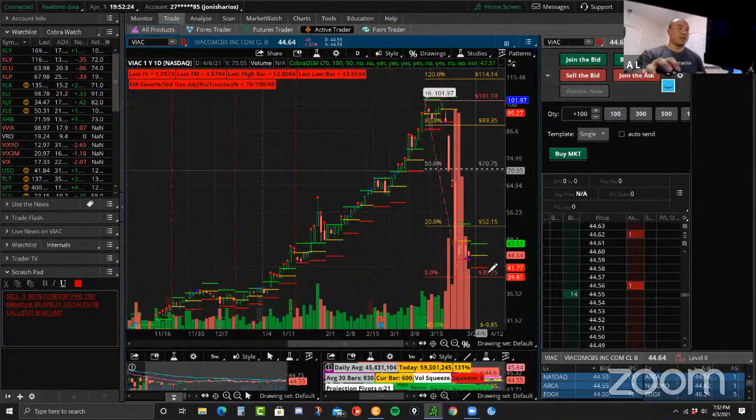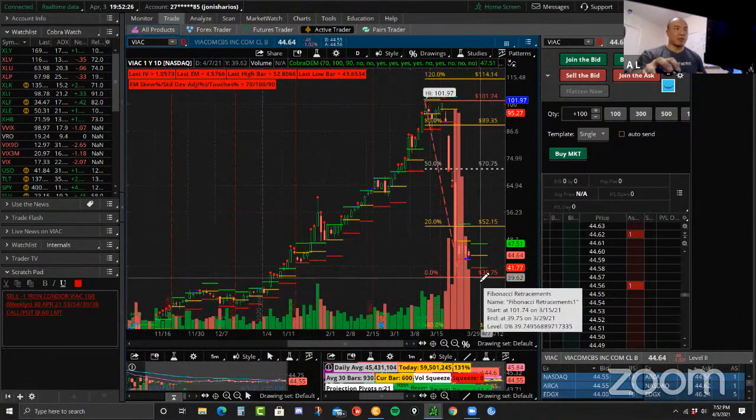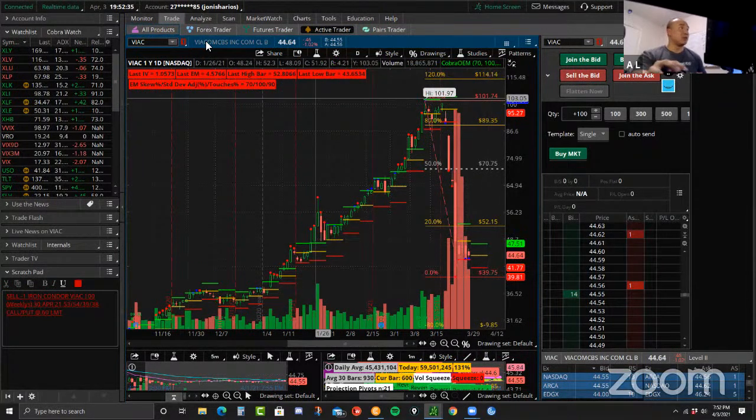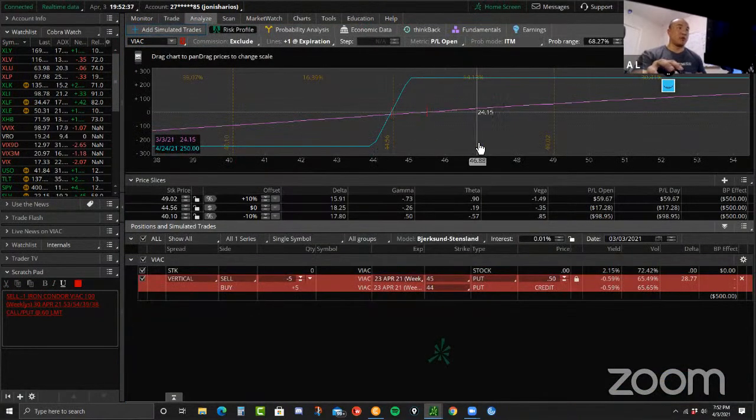You can anticipate there's going to be some high volume buying around 39 and 40 in this area, a spike in volume that's going to push you upwards to 47. Even if we open up the spread right now at 44 and we get up to 47, you still make over 50% of it. If you do it at 39 or 40, chances are you're going to make about 65 to 75% of it prior to expiration.